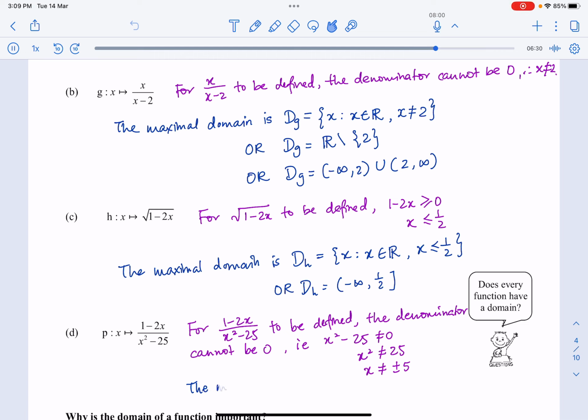So the maximal domain in set builder notation will be given as D subscript P, which is equal to the set of x such that x belongs to all real numbers, but x cannot be 5 or minus 5.